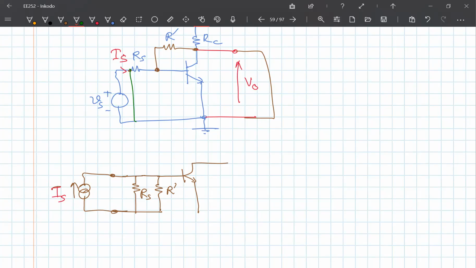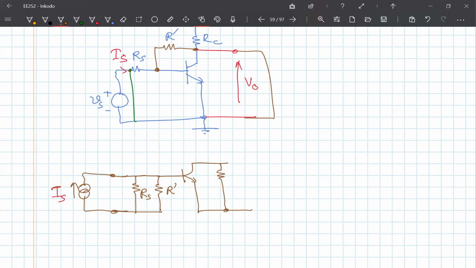So the whole output will be divided between the RDS, the collector will be between the emitter and the resistor. The resistor will be connected like that.